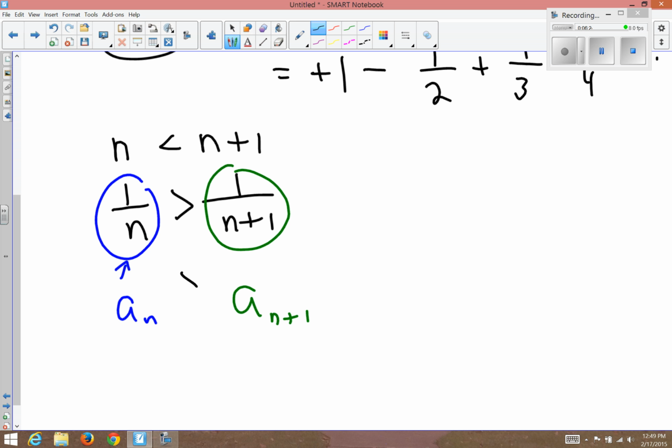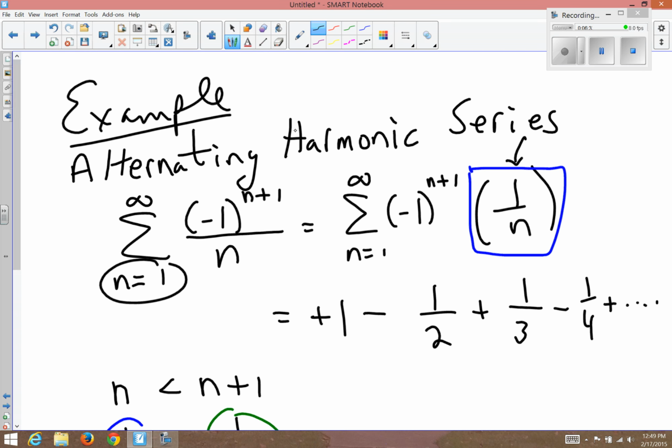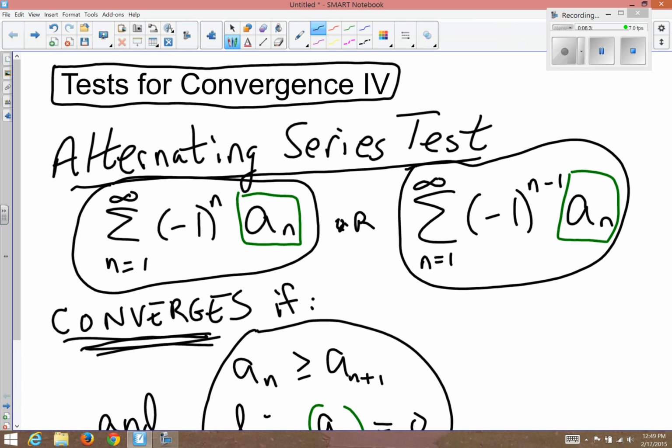So bring this down because this is that and this is that. So I'm going to check off the first condition for convergence. For an alternating series to converge, we need that to be true. We just showed that it is.